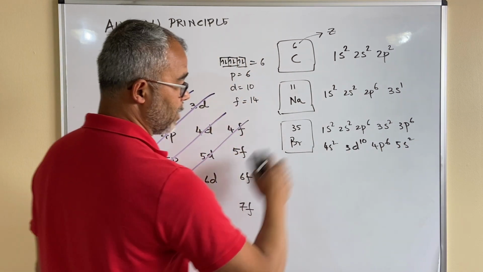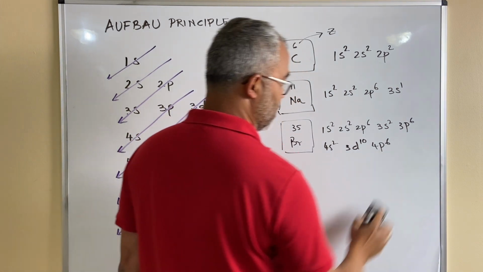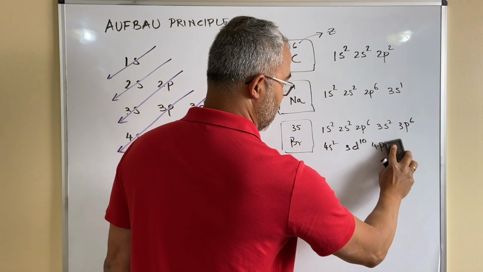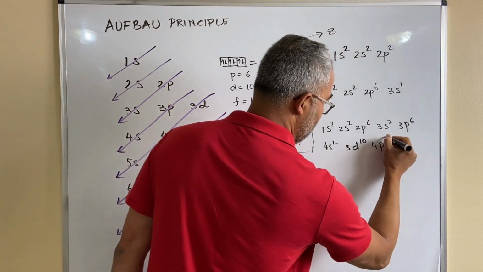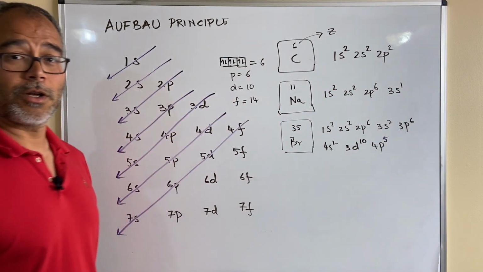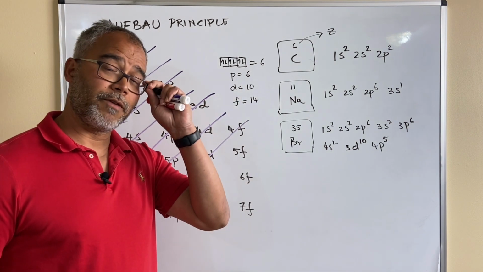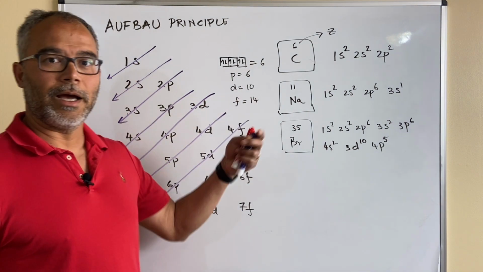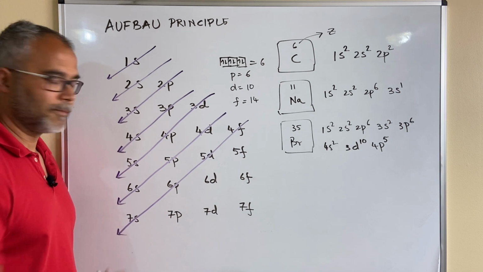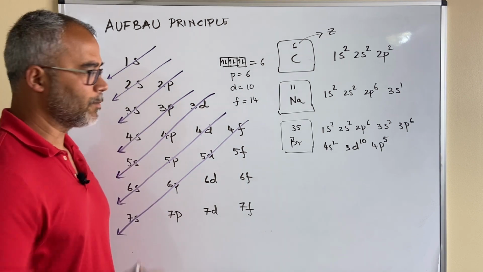So we went over 35, so we don't need the 5s2, and out here it's just 4p5. That gives us a total of 35. So there you have it, that's how you write the electron configurations for elements using this Aufbau principle.